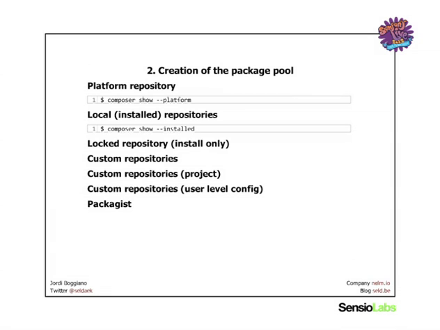So the first thing that's loaded is the platform repository. That just contains your PHP version, your extensions, etc. If you want to list everything, you can use the show command with --platform, and that lists everything that is recognized on your setup. So if you're missing something, or you're not sure why some extension appears to be not loaded, you can check with the show command.